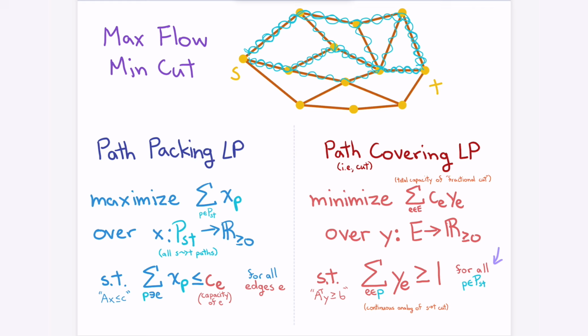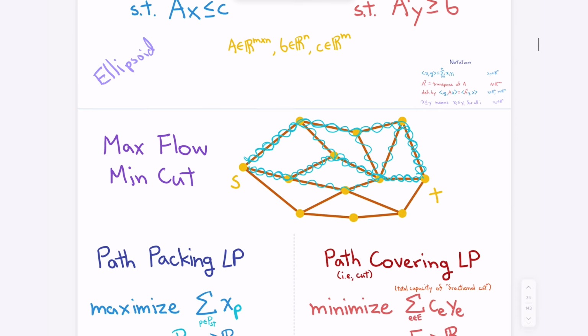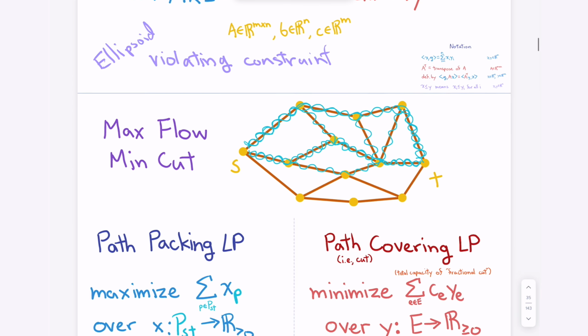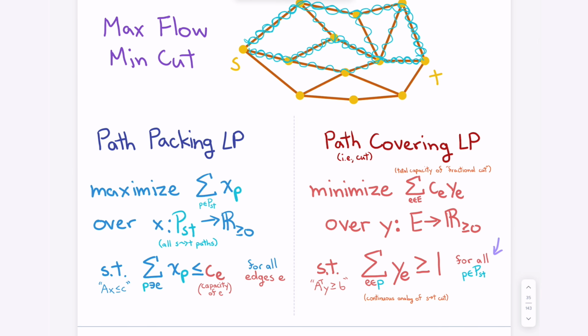It'll probably start with y equals 0, because that's feasible if you ignore all this, and otherwise it minimizes the capacity. And now your job, given some y, is to find one violating constraint. So you have to be able to provide a subroutine that finds a violating constraint. Although there are exponentially many constraints, so many paths from S to T, we wouldn't be able to just write this LP down and feed it to the computer.